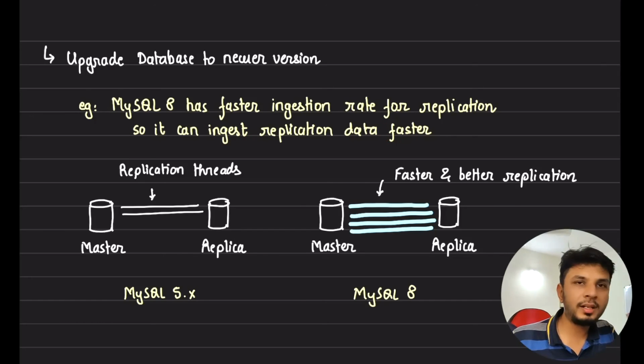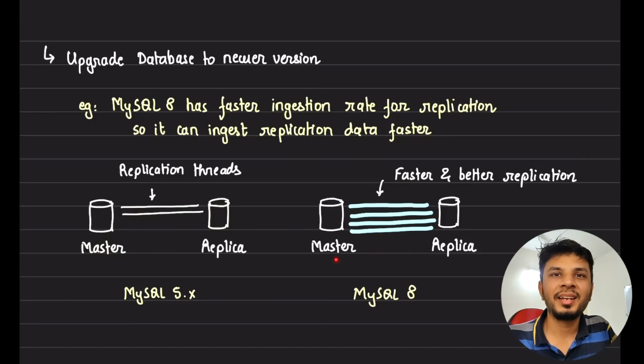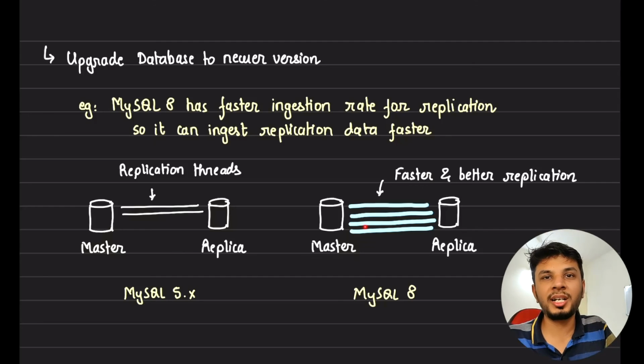Earlier, your master and replica used to replicate with only a few threads, not so performant. This suddenly gets enhanced because now it supports more threads concurrently to take care of the replication, which means you will get very fast replication.